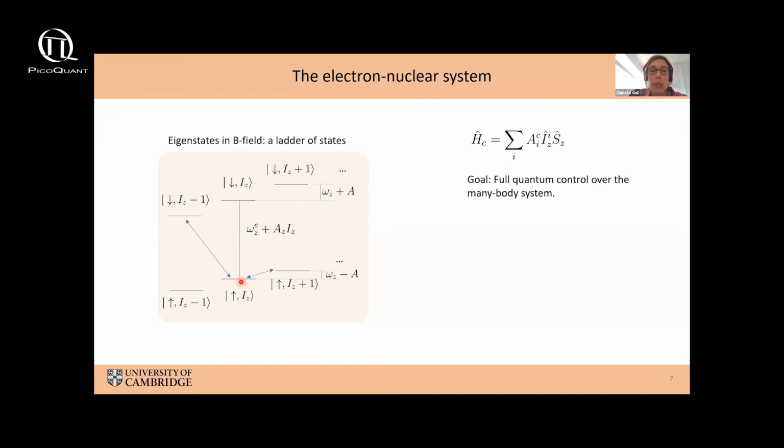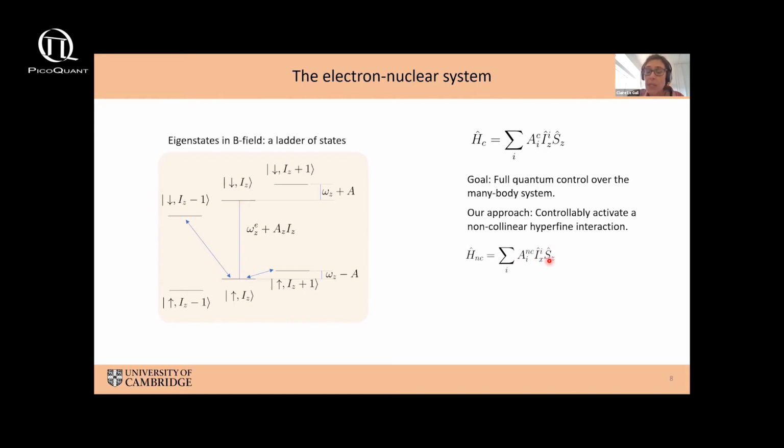So somehow we want to be able to controllably go from one electron nuclear state to another one with a different nuclear spin state. And our approach is to do this by using a non-collinear hyperfine interaction. Non-collinear because in your Hamiltonian term, you have an IX operator for the nuclear spin and an SZ operator for the electron spin. So in other words, you are able to flip a nucleus without flipping the electron.